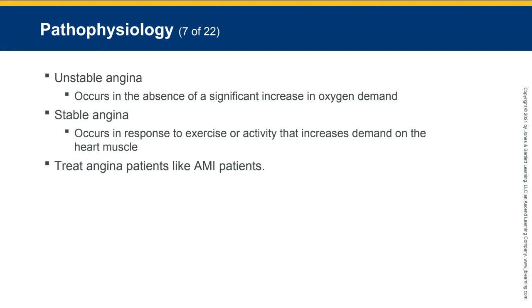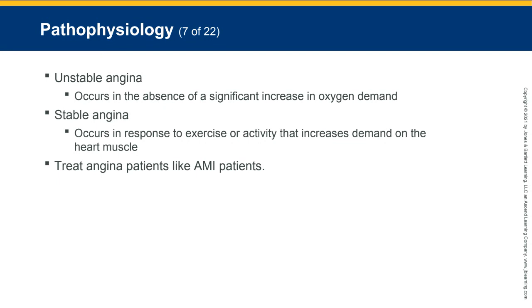Now, unstable angina occurs in the absence of significant increase in oxygen demand. So I explained two ways. You have the angina pectoris where the person is exceeding the demands of the heart because of physical activity.